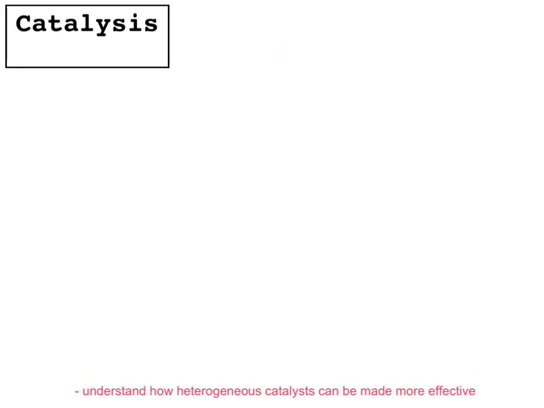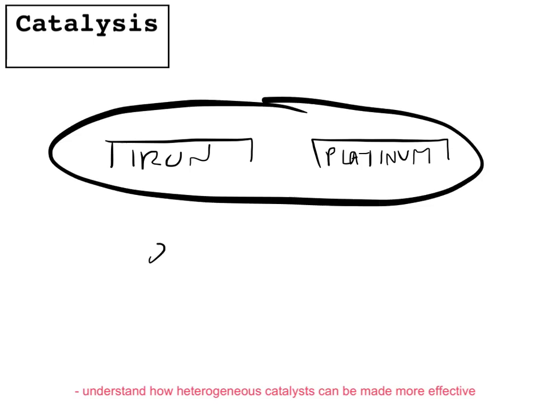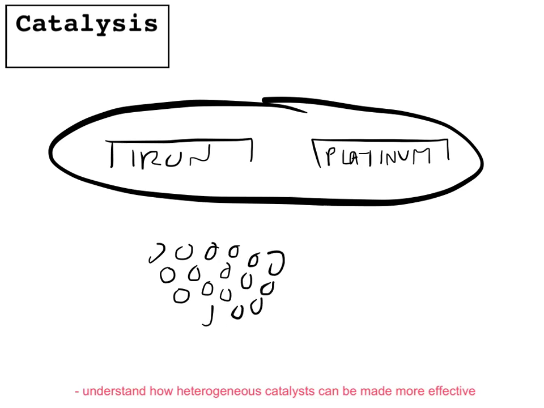So in the previous slide I showed the catalysts as just blocks, so for the iron and the platinum, and hopefully it's fairly obvious that if you increase the surface area of these, i.e. break them up into pellets instead, then it should increase the effectiveness of them, because there are also lots of active sites within the iron that aren't exposed to the reactant.